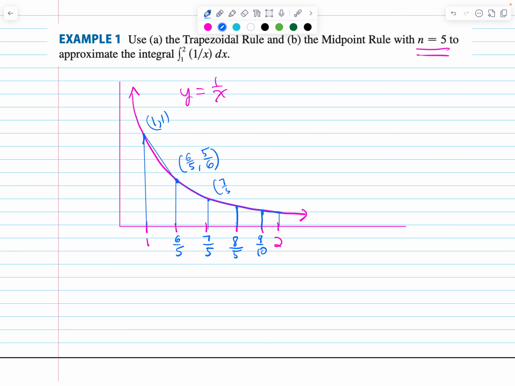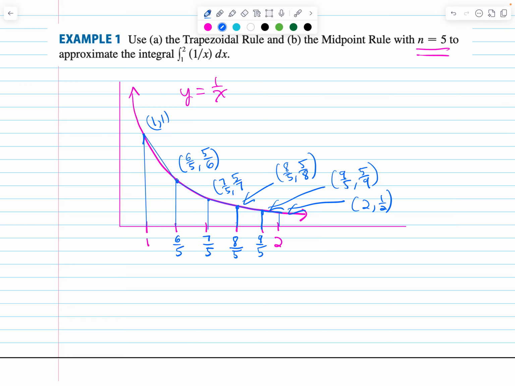When x is 7/5, y would be 5/7. When x is 8/5, y would be 5/8. When x is 9/5, which I wrote incorrectly there, y would be 5/9. And when x is 2, y would be 1/2.